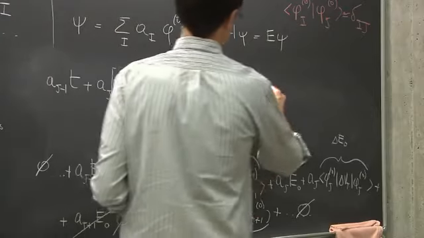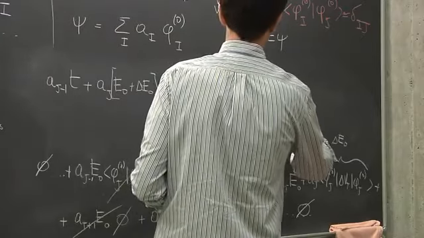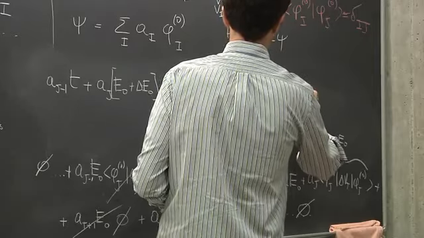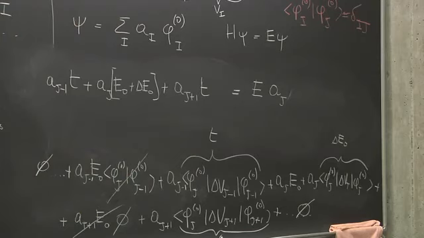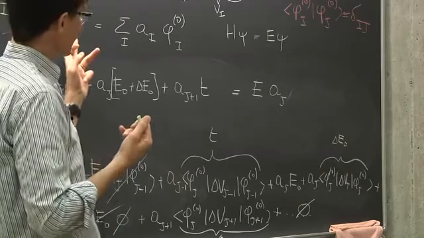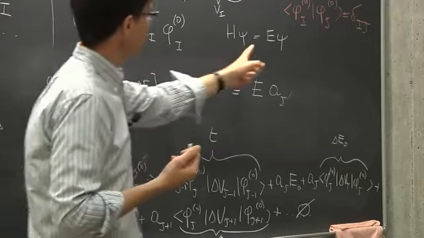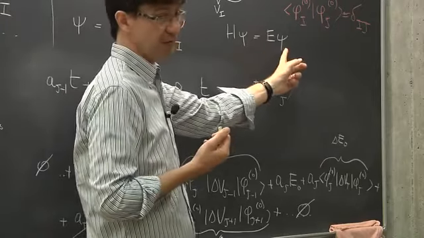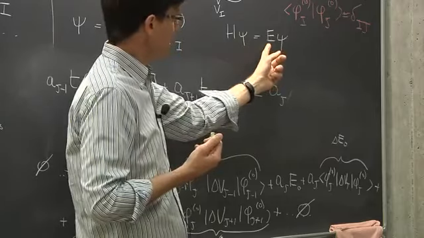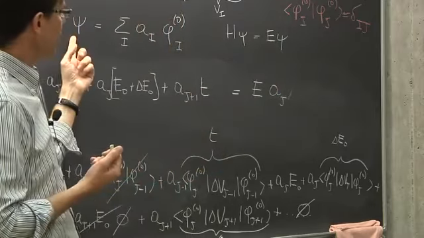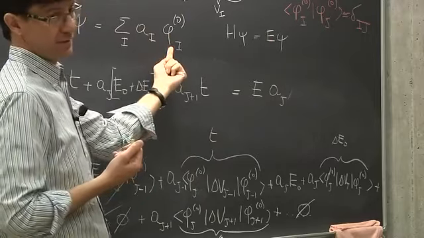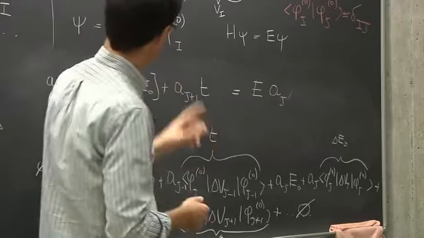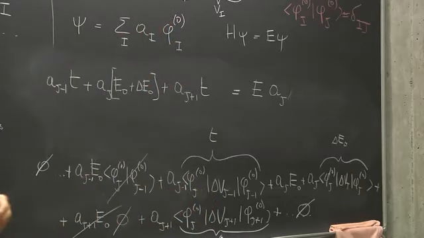So obviously, the right-hand side will be E a j, period. Phi j, which is 1. So when I project, I have to project E psi onto phi j. E is a number, so I have to project psi onto phi j, but if I project psi onto phi j, I'm just going to pick phi j out of here. And this will be proportional to a j, obviously.